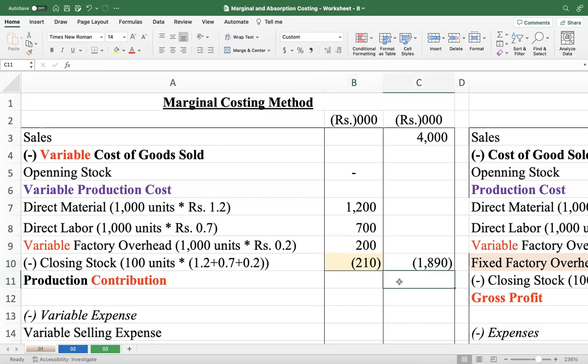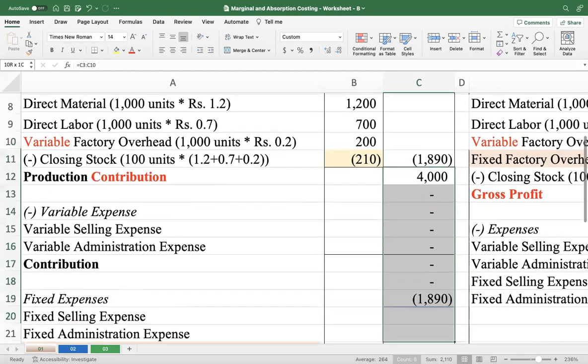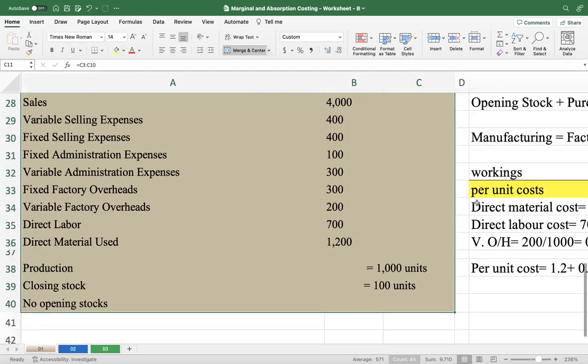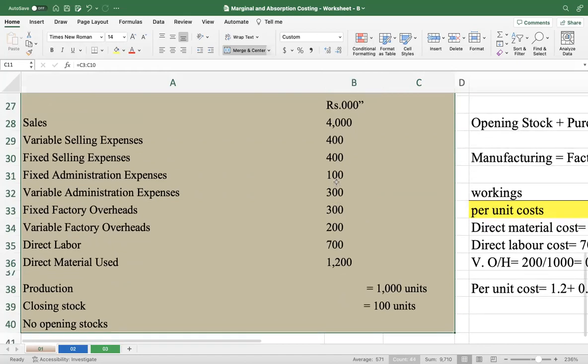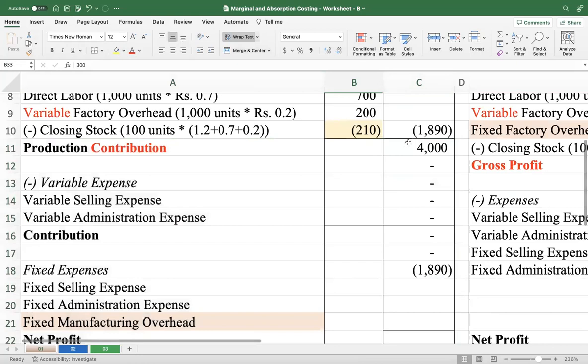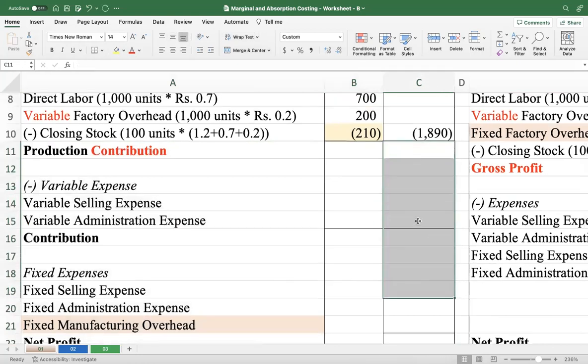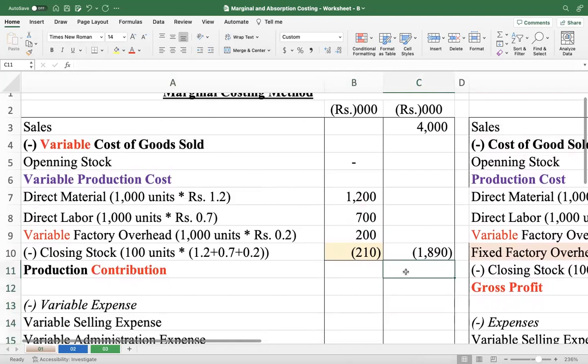Okay, now take the production contribution, 4,000. Sorry. You need to get the production contribution equal to 4,000 minus cost of goods sold, 1,890.